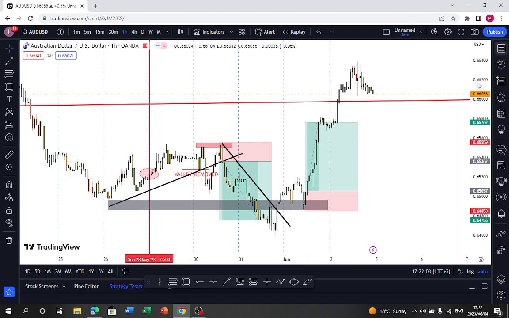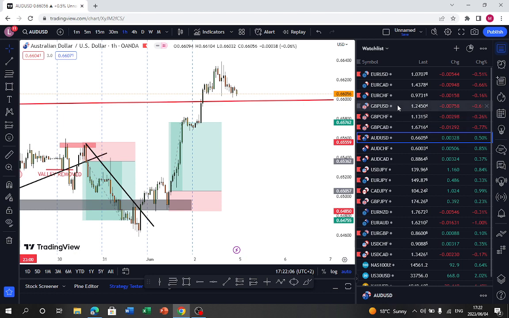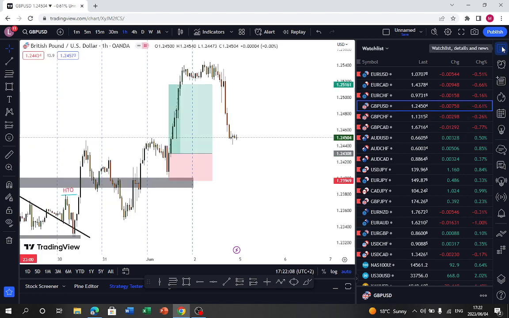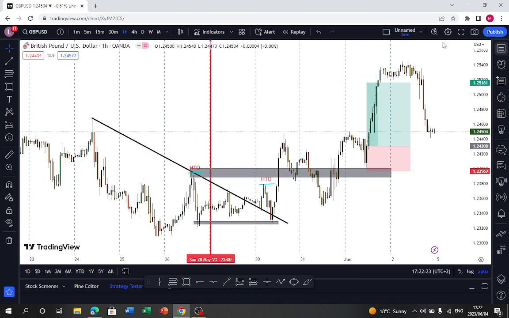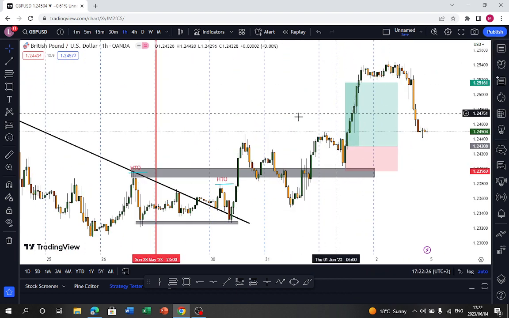When you look at the GU, when the candle was created, it was also 10. It means at this time the market was ready to buy, so we took this buy with absolute confidence, guys.